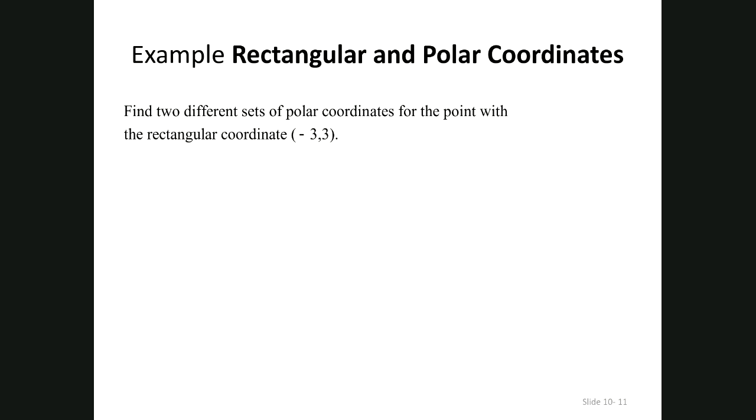All right. Find two different sets of polar coordinates for the point with the rectangular coordinate (-3, 3). Okay, so rectangular coordinate, so (-3, 3). If I put that point there, I could come up with thousands and thousands of polar coordinates that would end up right there, right? Because you could just keep going around and around the circle.